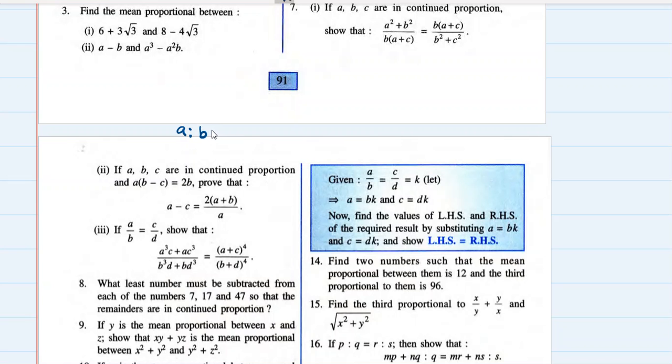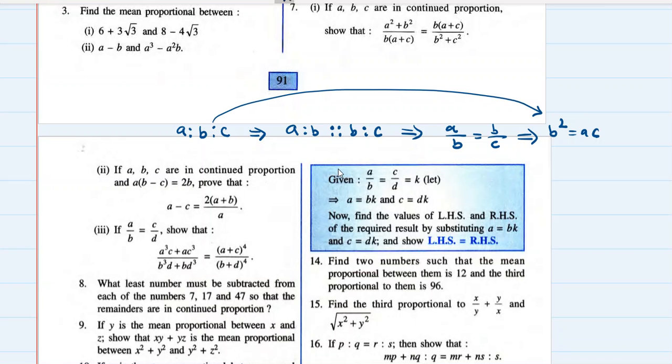Very good. Actually, it is A is to B is to C, which infers A is to B is in proportion with B is to C, which infers A upon B is equal to B upon C, which infers B square is equal to AC. So you can directly say that when A, B, and C are in continued proportion, B square will always be equal to AC.